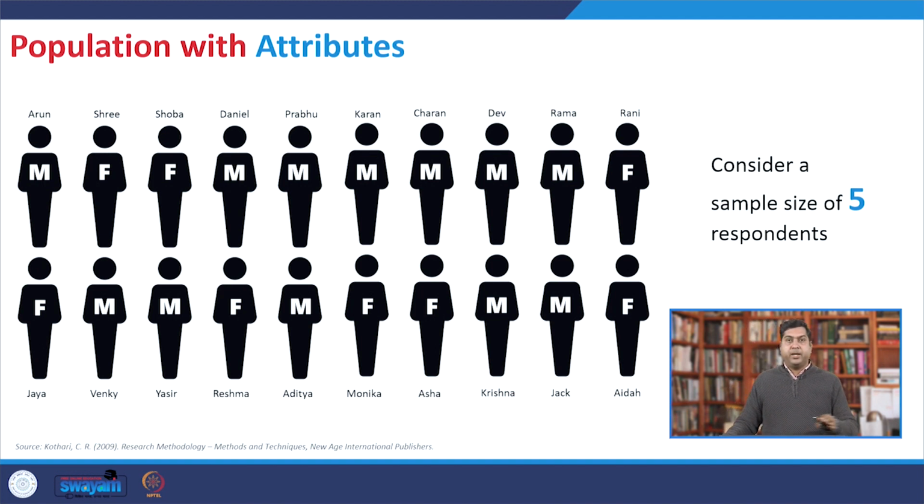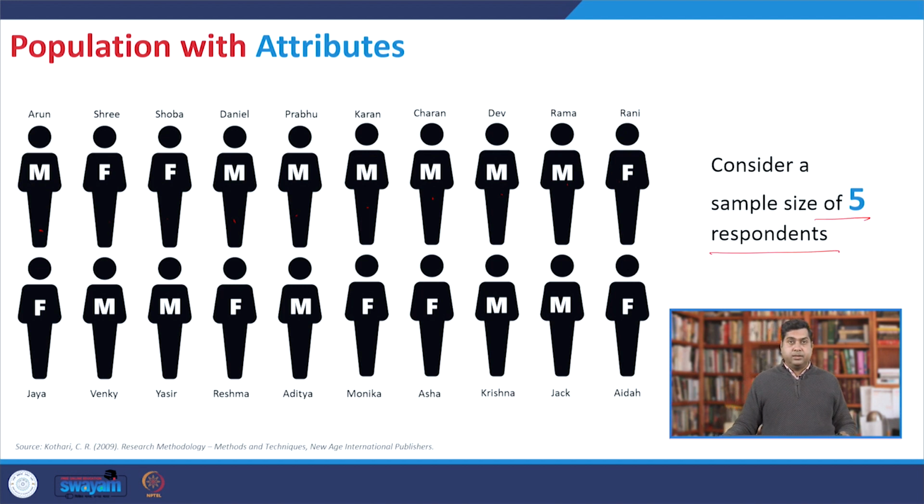These are some random names that I have given, where M represents male and F represents female. Now the task is that this is the entire population, where you have 1 2 3 4 5 6 7 8 9 10, and then another 10. So altogether you have 20 people, mixed male and female, and you need to select 5 respondents out of it.